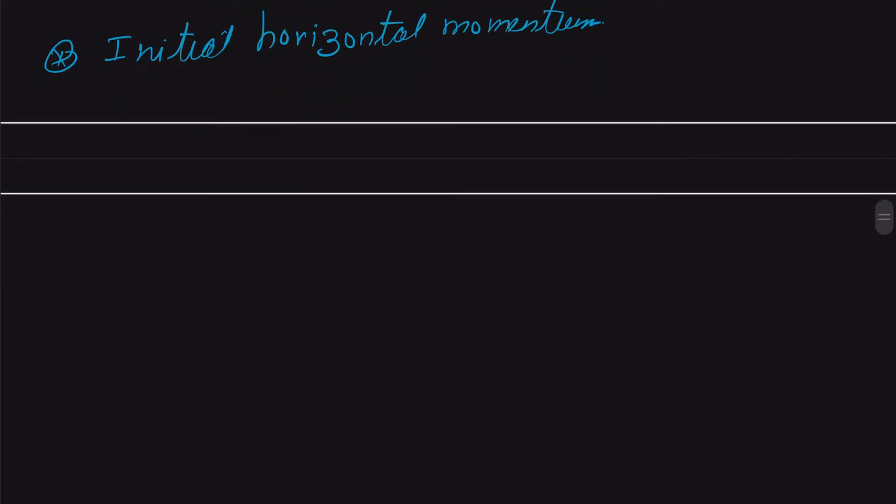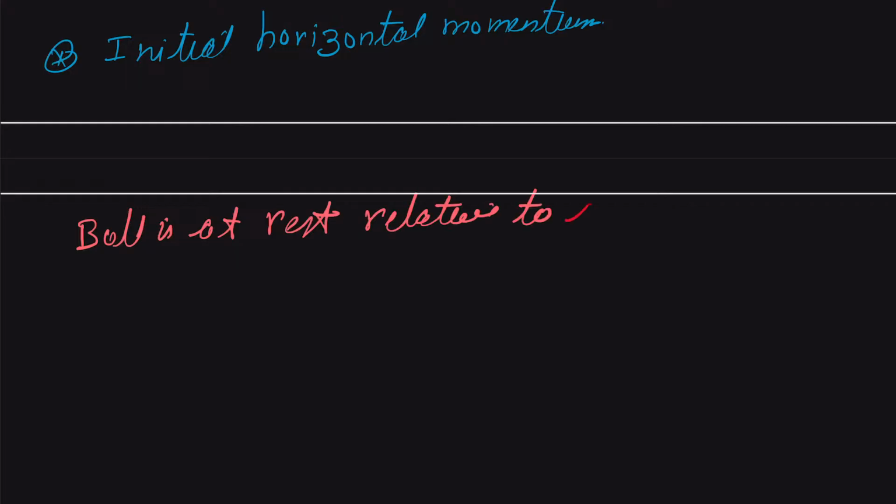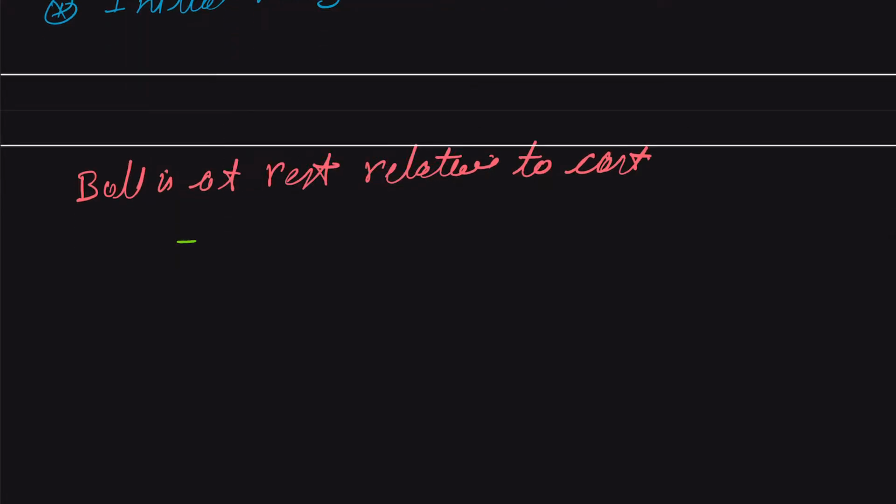So we are given that initially our ball is at rest relative to cart. Therefore, we can say that both the cart as well as our ball move with the velocity v0 relative to the ground.